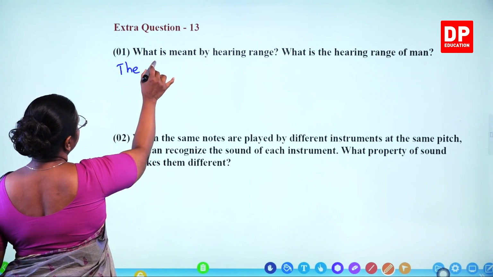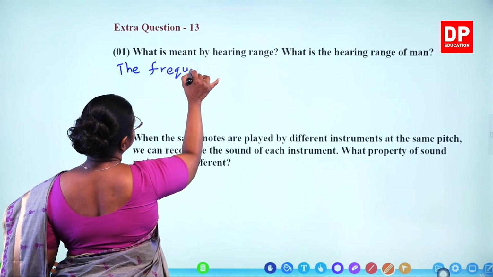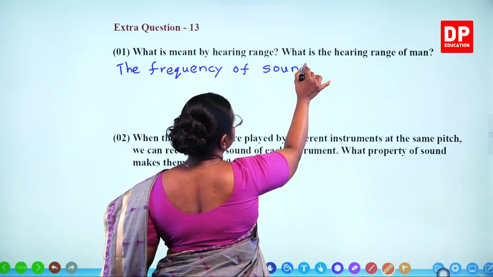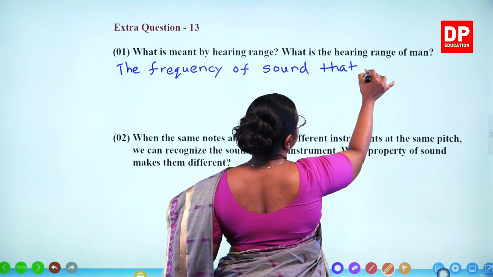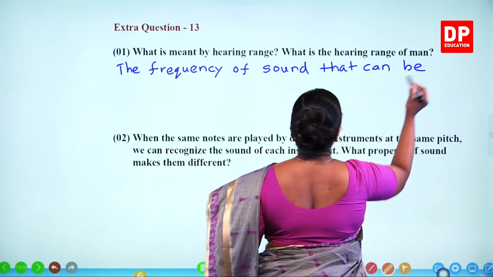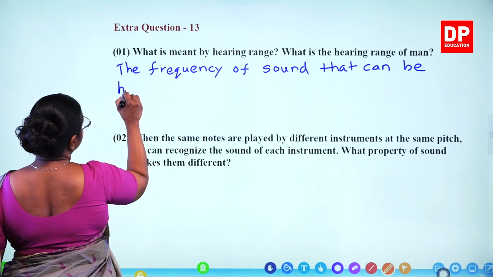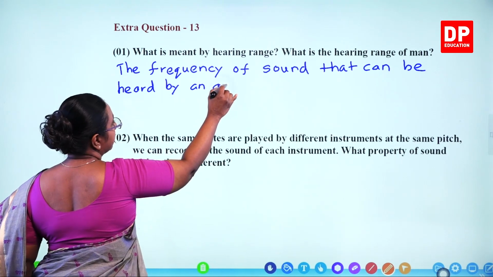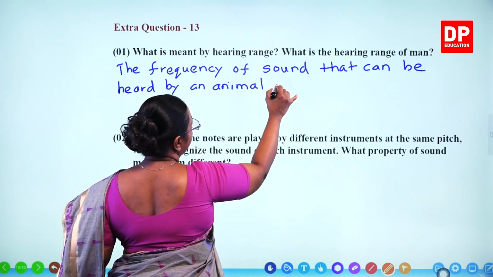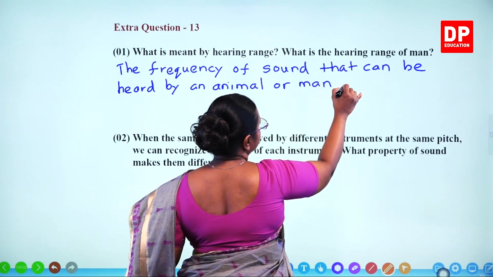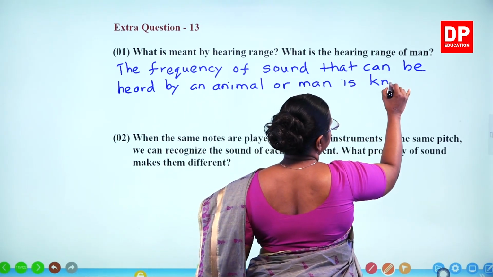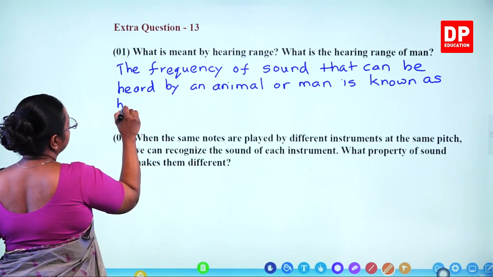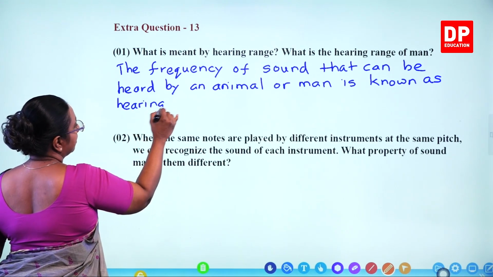The frequency of sound that can be heard by an animal or man is known as hearing range.